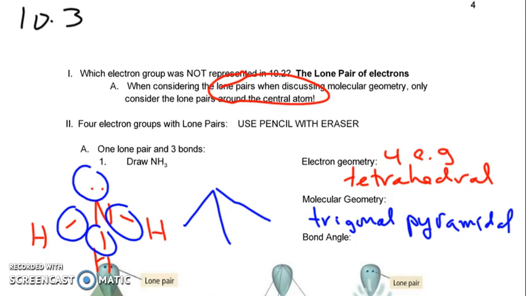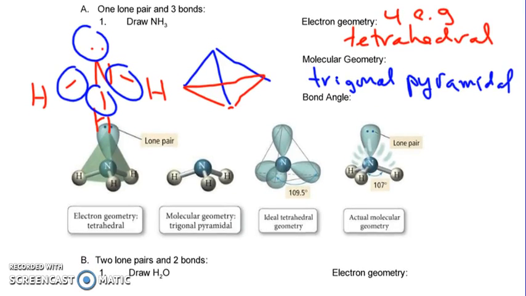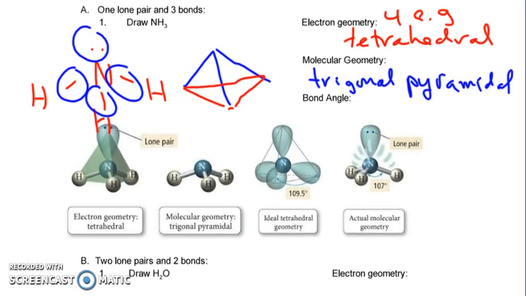I don't know if you can see this shape. Look, isn't this a triangle at the bottom? It's a triangle at the bottom coming to a top, and that's your pyramid. So it's trigonal pyramidal. Now what happens to the bond angles? Your tetrahedral right here is 109.5 if you have 0 lone pairs. But do you see what happens when you have 1 lone pair?